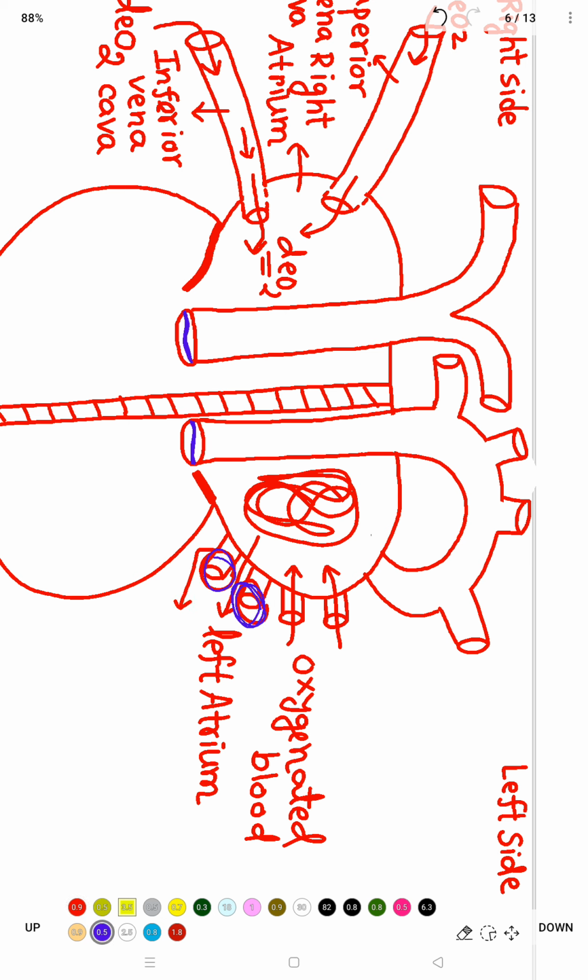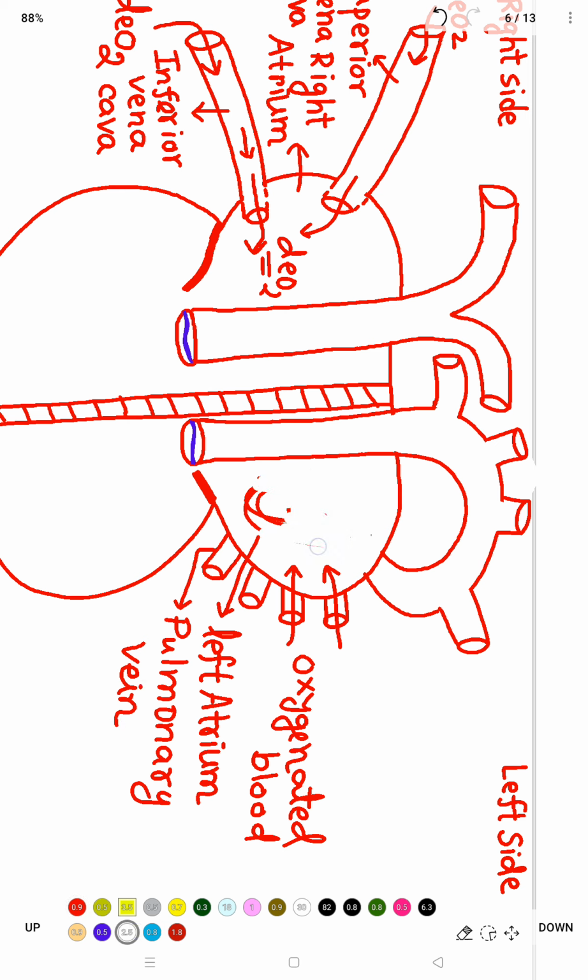These are pulmonary veins. Now we label this pulmonary vein. Now we erase these labels.